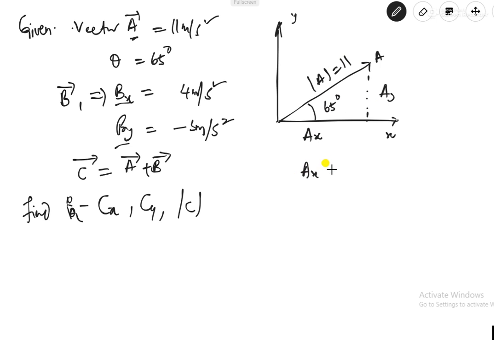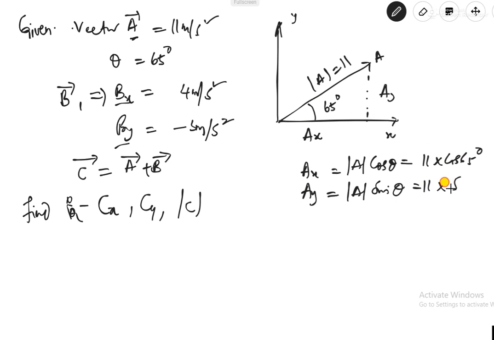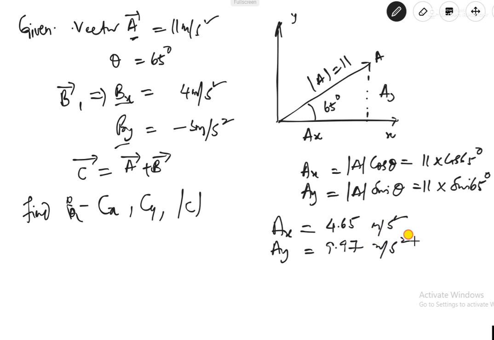Ax is equal to magnitude A into cos theta, because this is the adjacent side. Similarly, Ay is equal to A into sin theta, because the opposite side is always sin. So 11 into cos 65 and 11 into sin 65. So Ax will be equal to 4.65 and Ay is approximately 9.97 meters per second square. This is the acceleration actually.